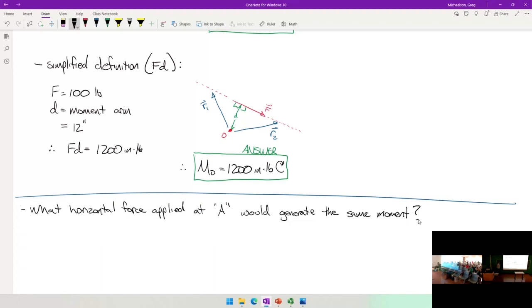Let's digest that a little bit. What horizontal force applied at A would generate the same amount of moment?